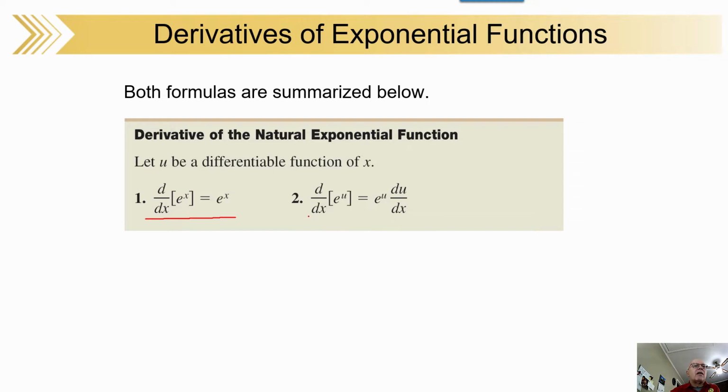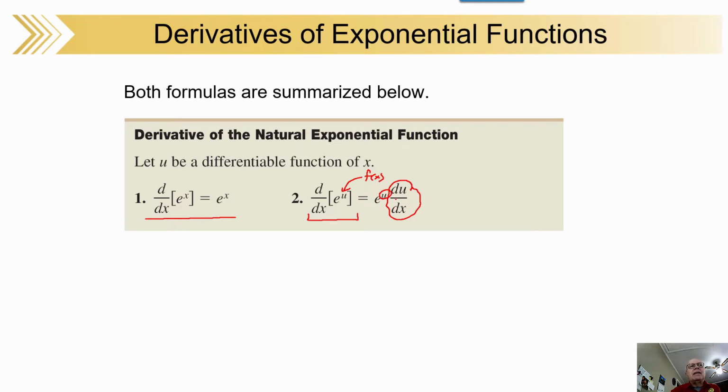However, if it's a little bit more interesting, if what you've got for an exponent is actually a function itself, then our chain rule, again, gives us this. Instead of e to the x, we have e to the u. Works the same way with e to the u. The only difference is that if this is a function right here, then we have to take the derivative of what's essentially the inside function and get du dx.